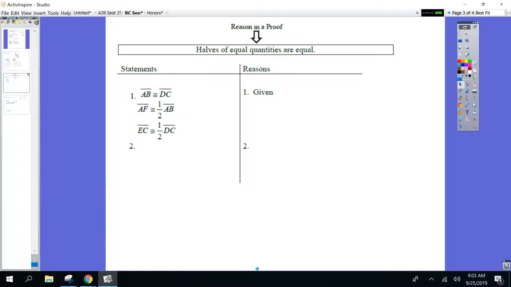What did I know about these two here? They were equal. And if you cut them in half, what do I know about their halves, which I called AF and EC?